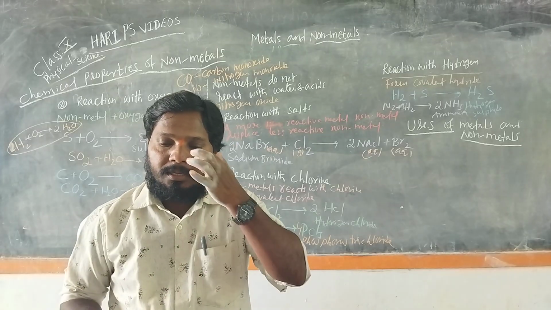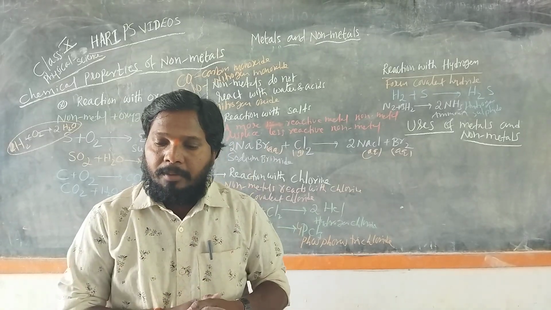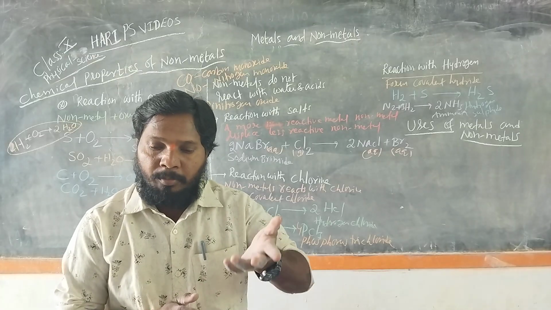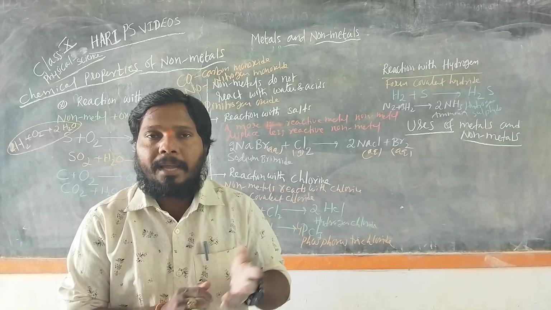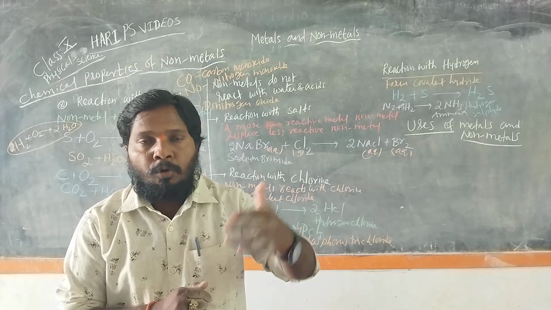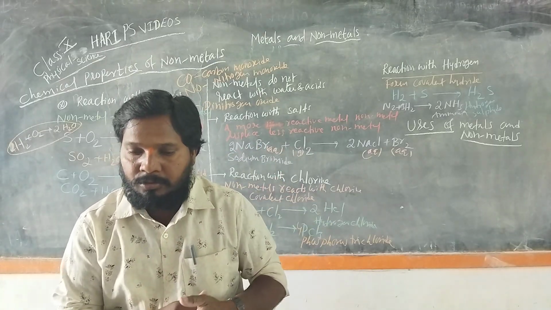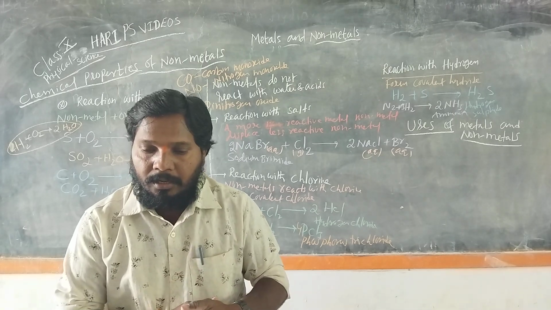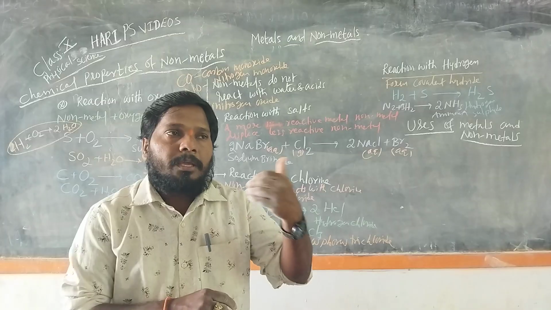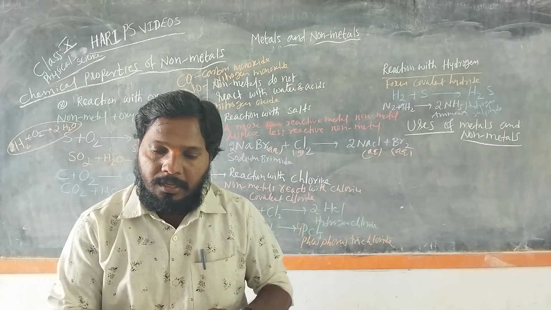Chromium and nickel metals are used for electroplating and in the manufacture of stainless steel. Aluminum foils are used in the packing of medicines, cigarettes and food materials. Silver, gold and platinum are used in making jewelry. The liquid metal mercury is used in thermometers.